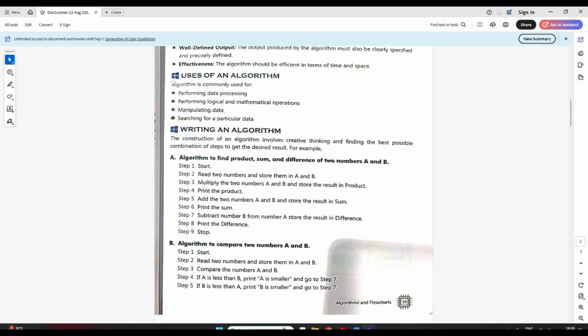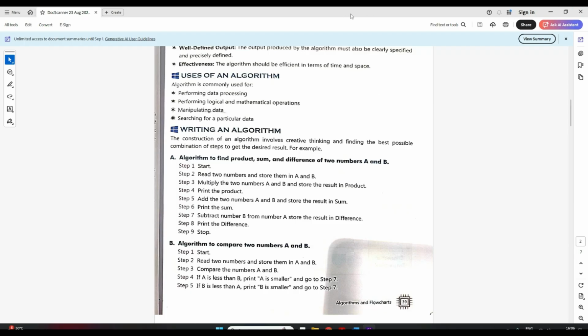Now let's move on to usage of an algorithm. Now see, algorithm, as you have understood, helps us to think logically, right? To find out the best possible solution of a problem or a task, right? So it helps to increase our logical power, right? A good algorithm helps us to write very effective and efficient programs. Okay, now here we have written it performs data processing, right?